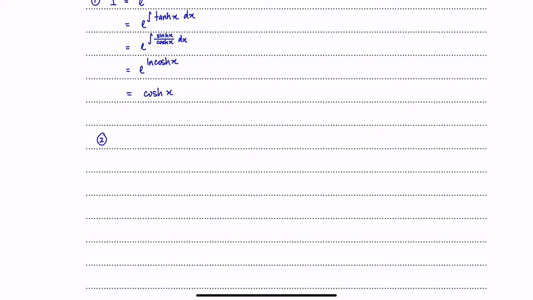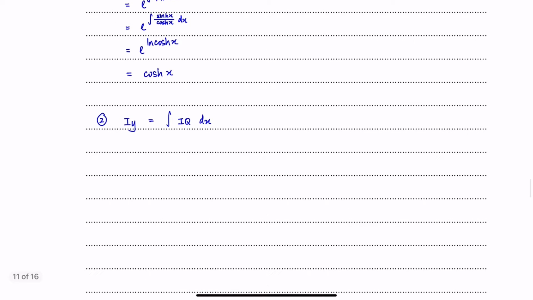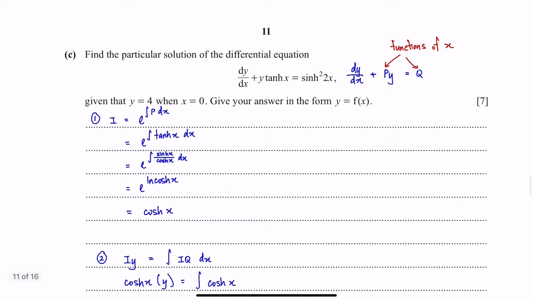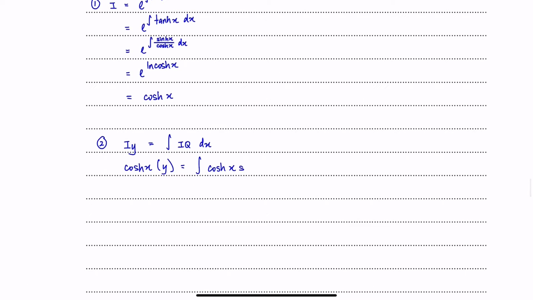So second step, we let I y equal to the integral of I q dx. So I, in this case, is cos x, so cos x times y equals the integral of cos x times q, and q is sin square 2x.